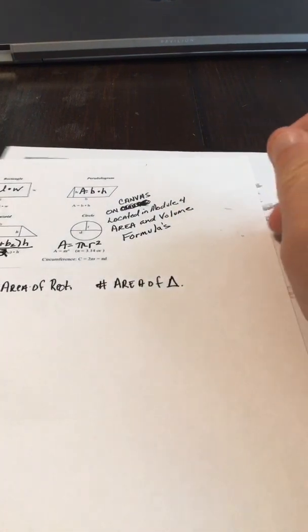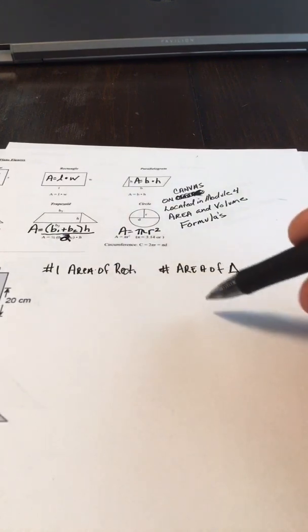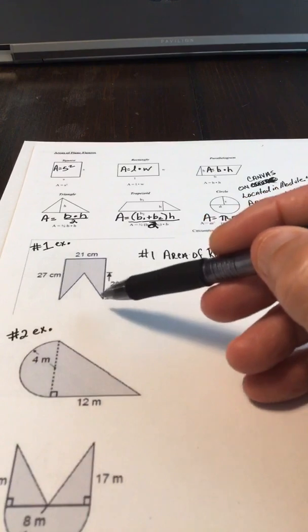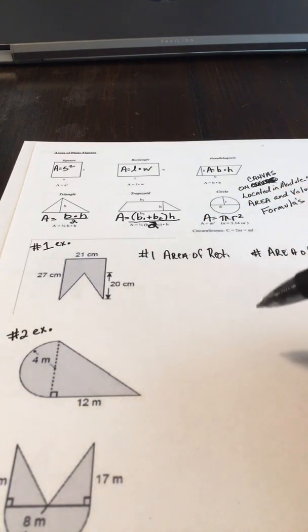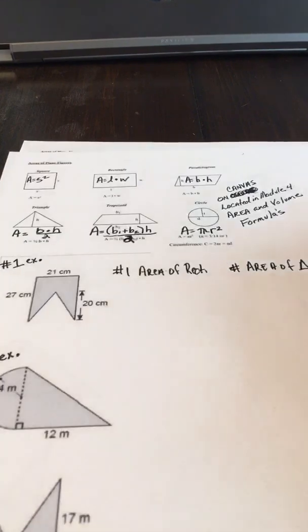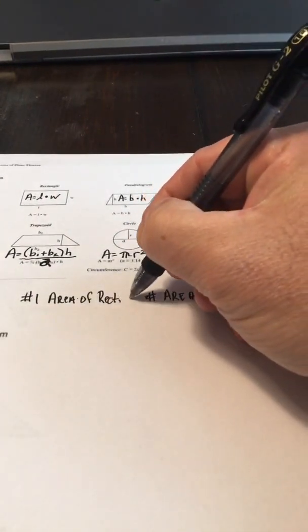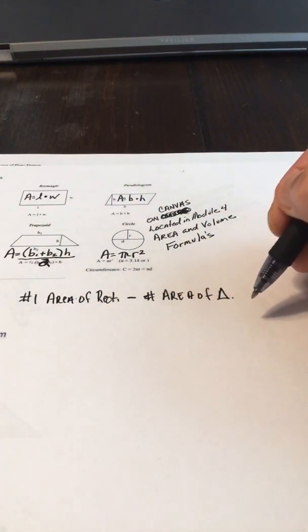And then once I find the area of the rectangle and the area of the triangle, I'm going to cut out that triangle. The definition of cut out in mathematics is subtract. So in this case, I'm going to take the area of the rectangle and subtract the area of the triangle from it.